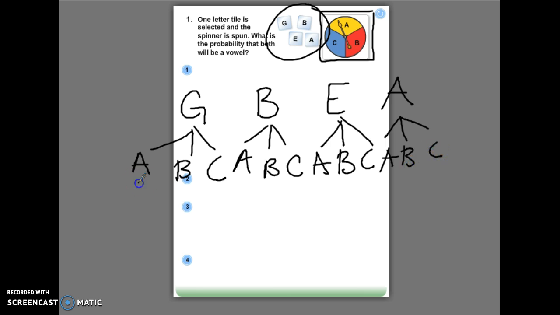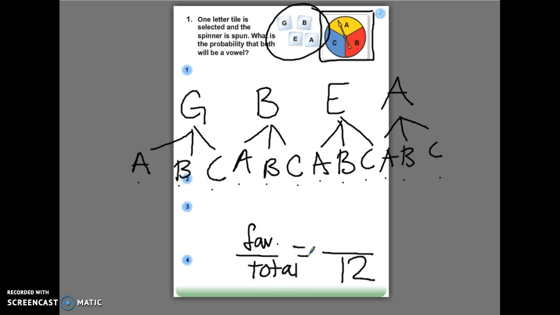And you can see that I have 1, 2, 3, 4, 5, 6, 7, 8, 9, 10, 11, 12 total outcomes. And remember, your total always goes on bottom. It's favorable over total. But now, what is our favorable?